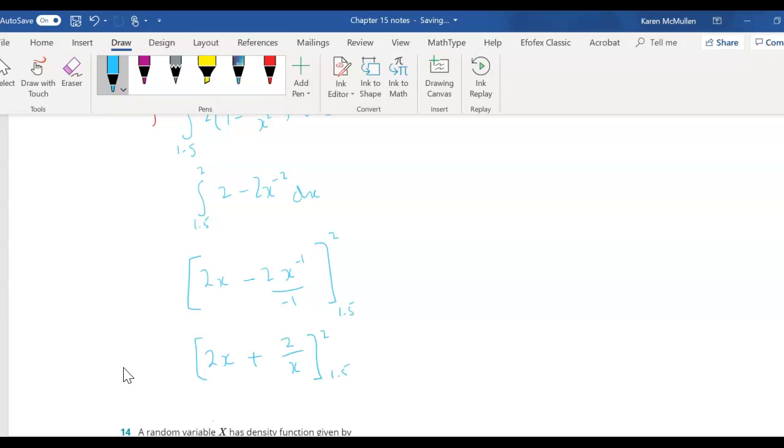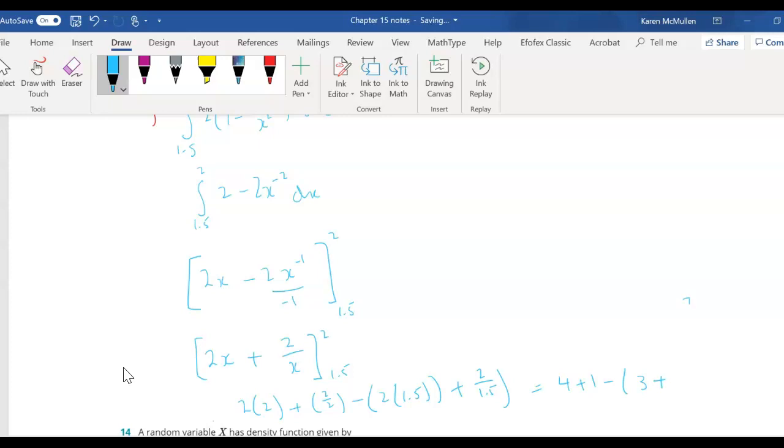So substitute those values in. So we're going to substitute in the 2. Minus, don't know why I put that second one in brackets, 2 times 1.5 plus 2 divided by 1.5. All right, so we've got 4 plus 1, and then we've got minus, so 3 plus, so 2 divided by 1.5.